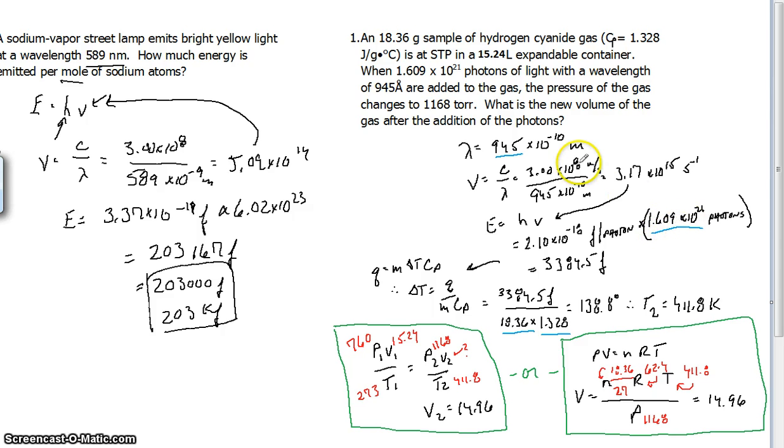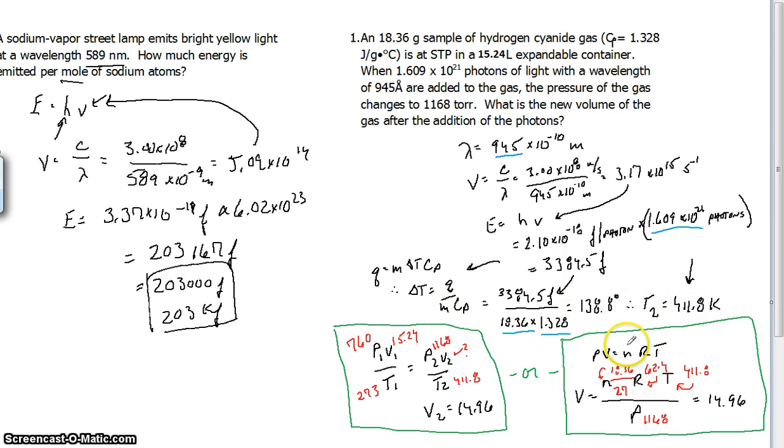Notice, by the way, anything given to me in the problem, I'm trying to highlight in blue so you know where those numbers come from. So this number actually came from here, and then I set this up, and I find out that my change in temperature is 138.8. If I know that my change in temperature is 138.8, I started at standard temperature, add this to 273, and then this number is my final temperature.